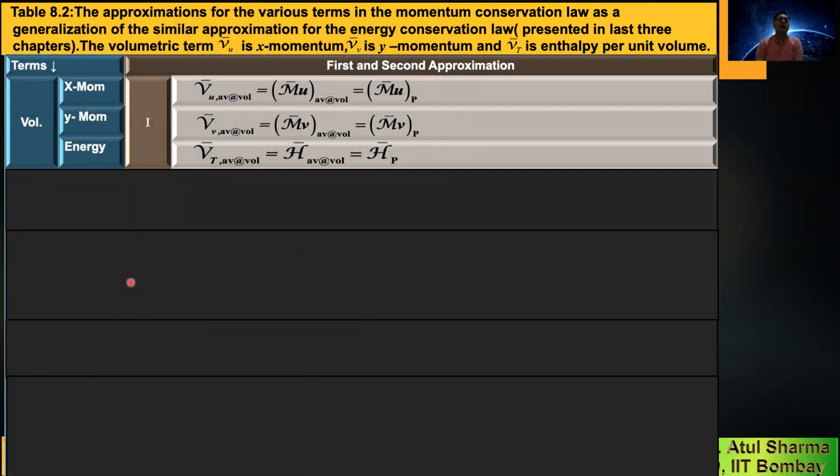Finally, I am showing you in a tabular form the various approximations that we have used to give you a consolidated view.